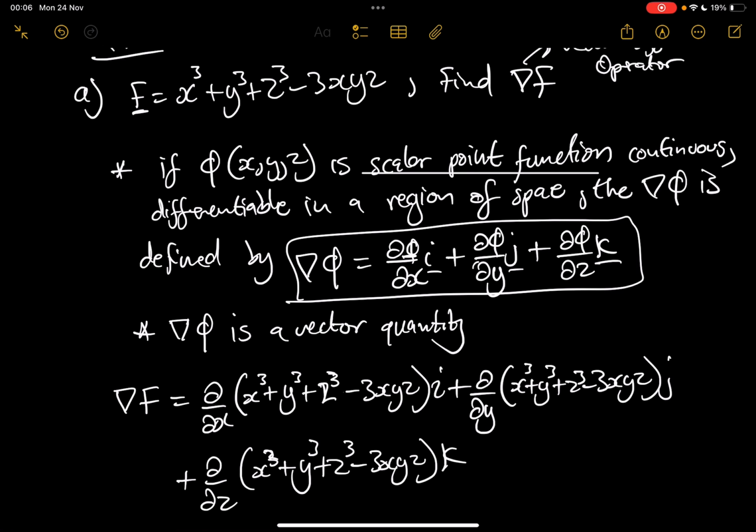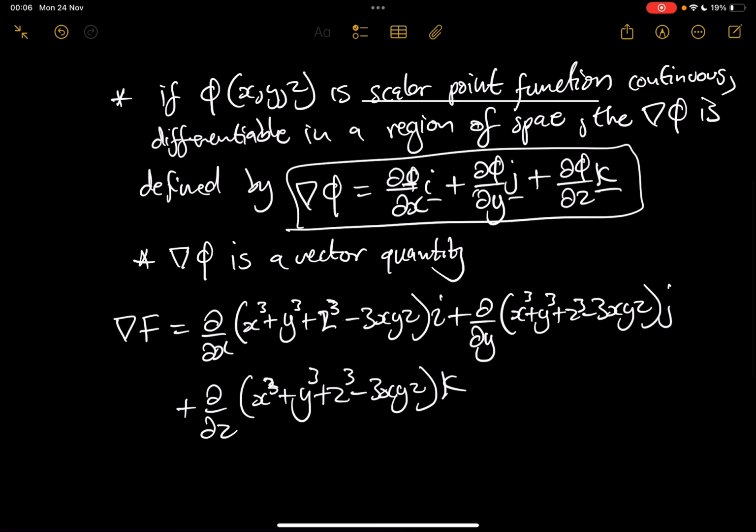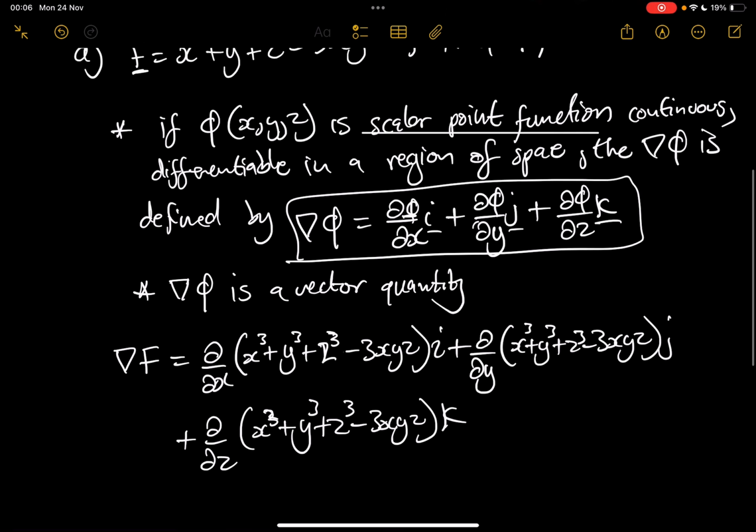We're using the del operator, so we're just going to differentiate the function itself with respect to x, y, and z.